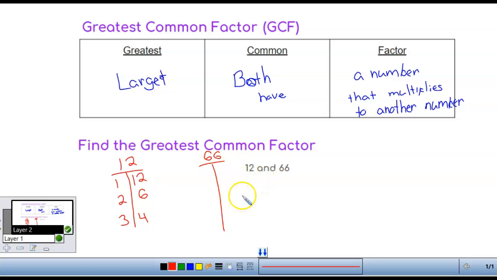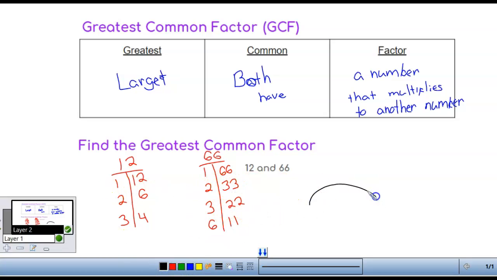Actually, I'm not. I'm going to go ahead and do it because I want to talk about what the greatest common factor is, and I can't do that if I don't have the factors. There we go. So I have all the factors. I can list them out different if I want.